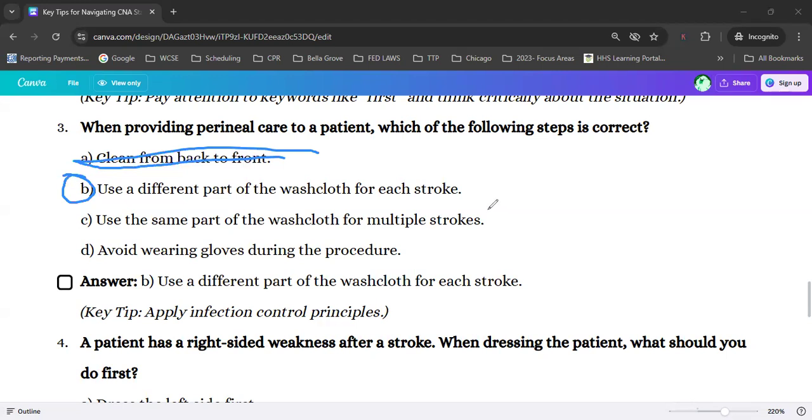I hope we all understand why: because of infection, right? We're cleaning to get it clean. If we're using the same section each and every time, we're defeating the purpose. So this might have been an obvious one. And then D said, avoid wearing gloves. If I ever see any of y'all not wearing gloves in this skill, I'm going to pull you aside.